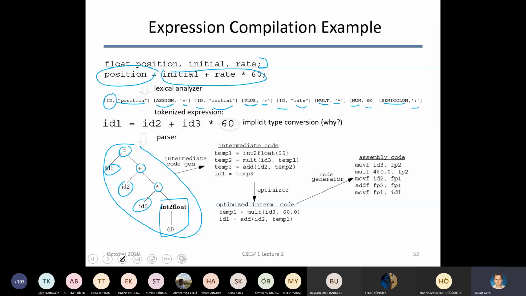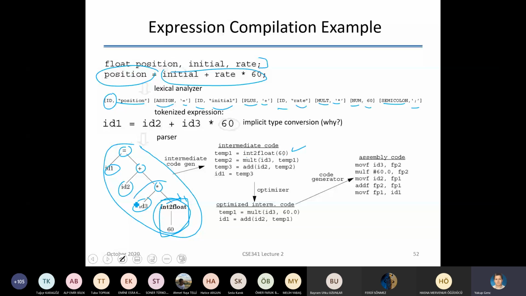So you would do some sort of a traversal of this thing. The traversal will be some sort of, let's say, bottom-up type of thing. So you'll be doing the bottom part first. This means that I need a value here. So it is integer to float 60. You can see here, this is temp1. Now, temp1 and ID3 will be multiplied into temp2.